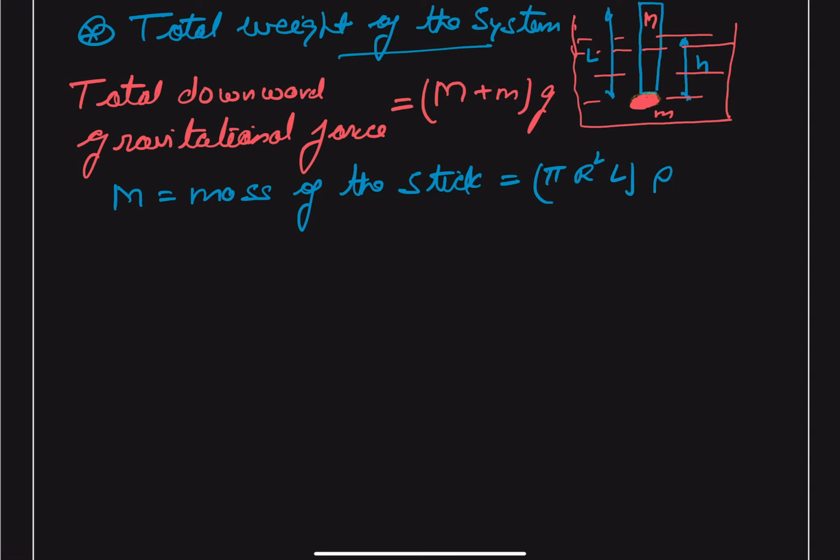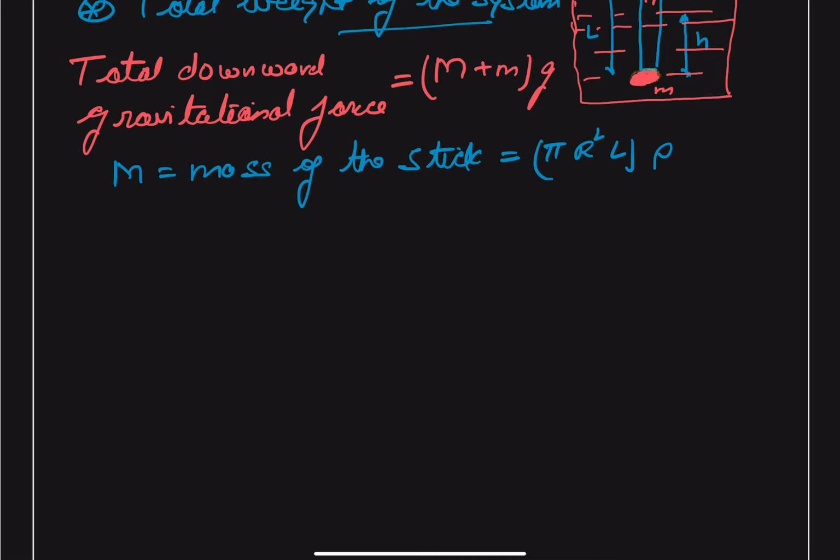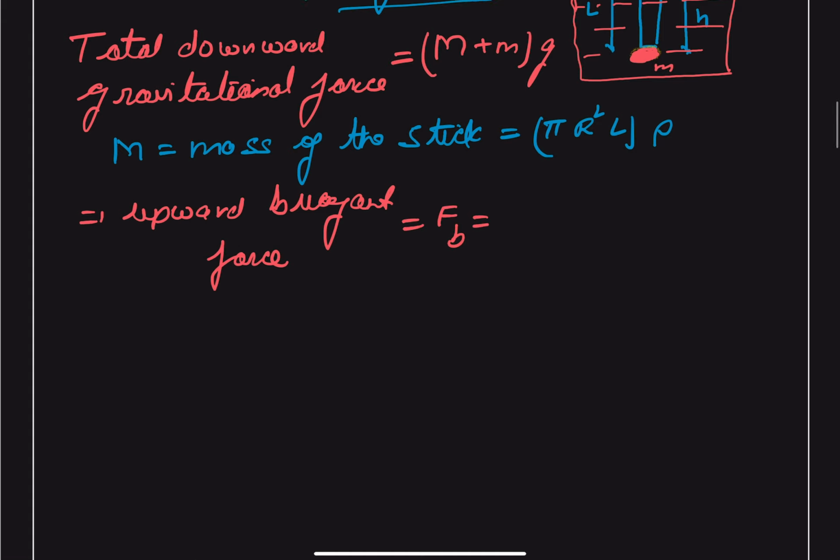And the upward buoyant force, let us call that Fb, will be equal to pi r square h, the submerged part, and sigma multiplied by g.